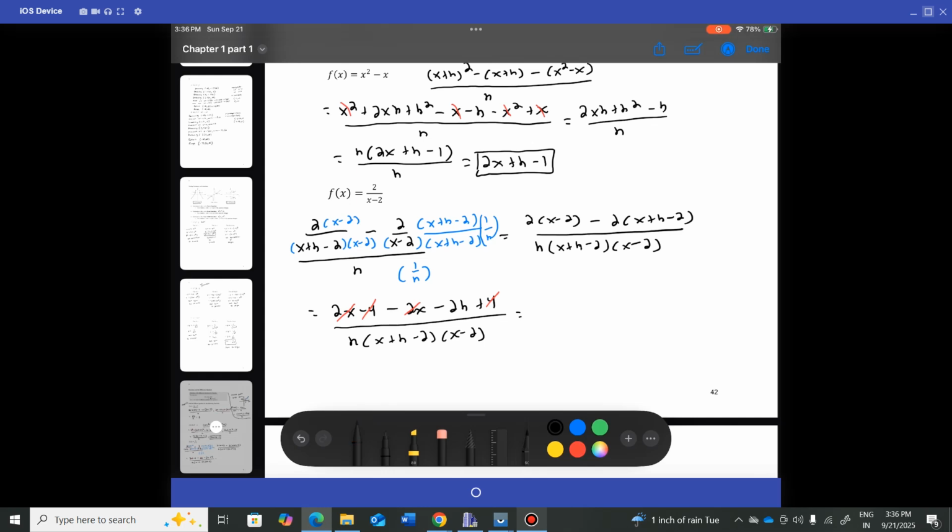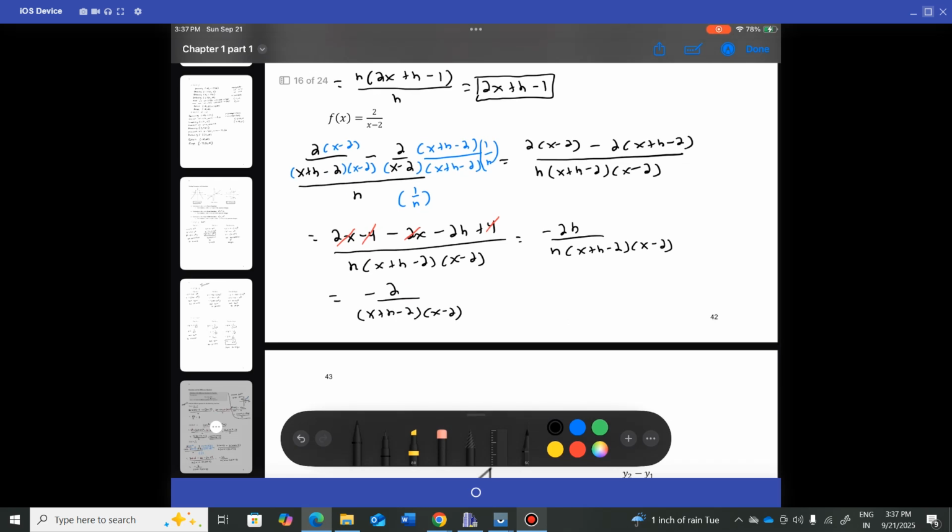So we have a negative 2h over h. And now you should be able to see we can cancel the h's. So we end up with negative 2 over x plus h minus 2 times x minus 2. And so now when h is let to be 0, we actually get an expression.